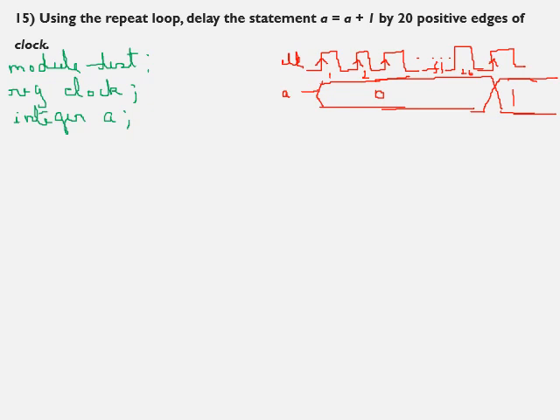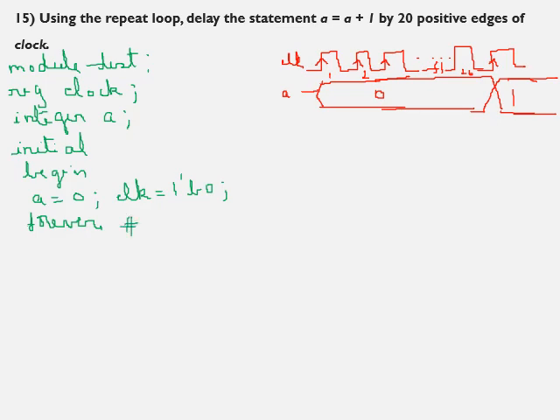I will have an initial block begin where I will initialize the integer a as well as the clock to 0, okay, and also I will generate the continuous train of clock pulses. I will say forever hash 10 clock equal to not of clock.